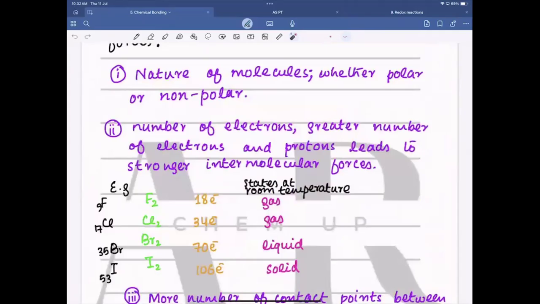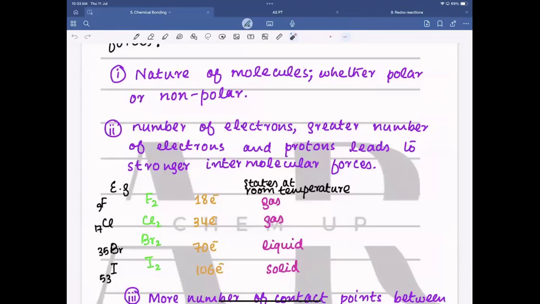Whenever they ask you about the physical properties of the substance, remember, physical properties depend on the intermolecular forces.